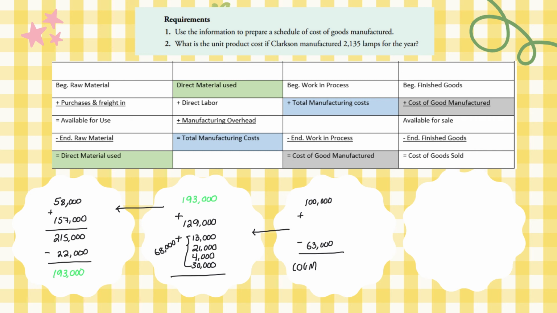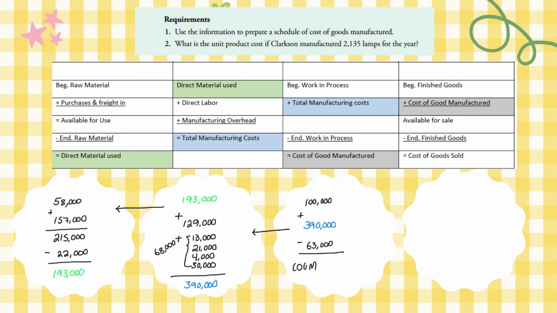Plus direct labor, 129, plus direct materials used, 193, equals 390,000. So this is total manufacturing cost, which should be written here.